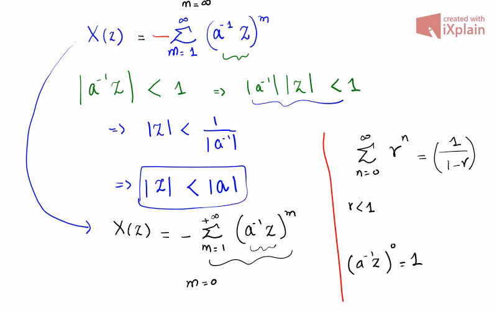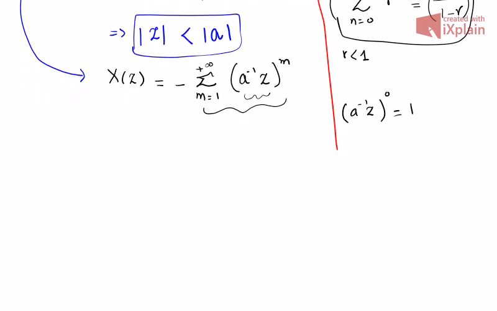Keep in mind a negative sign is outside, so it's actually a minus 1. So a minus 1 is missing in this summation, and we can add and subtract a 1 before applying this formula which we have written here.